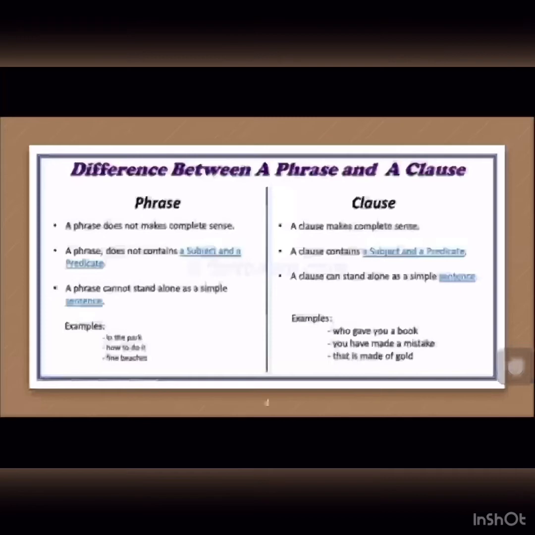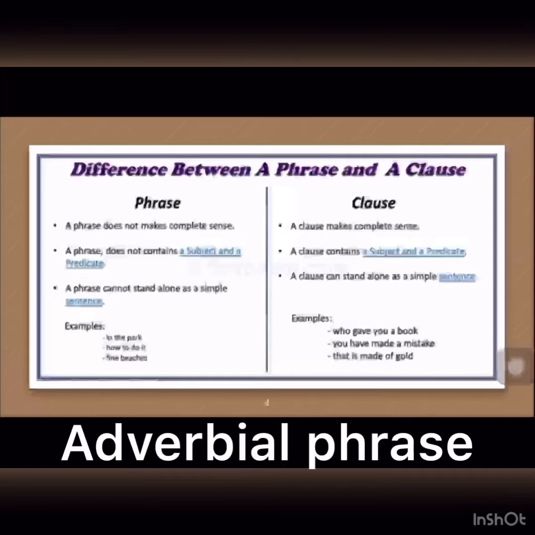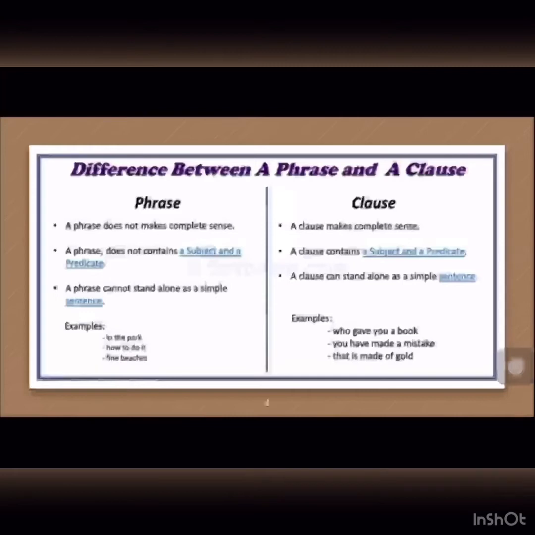A phrase, do you remember our previous topic? Adverbial phrase. A phrase does not make sense by itself. If I'm talking to you just using a phrase, for example, like a baby. Like a baby is a phrase. What is that supposed to mean? Can you see the examples over here?